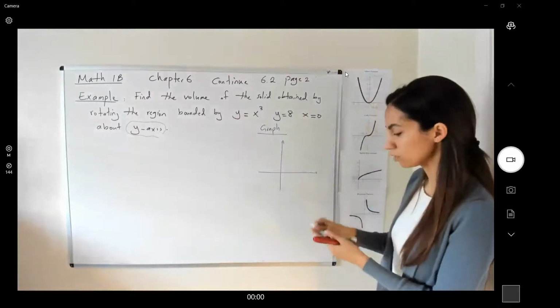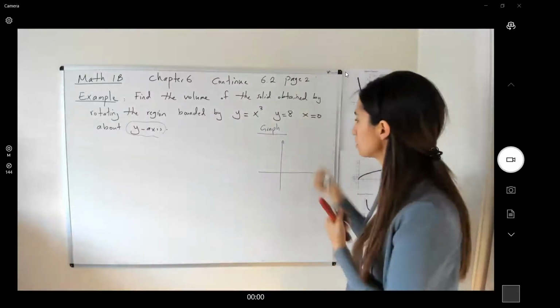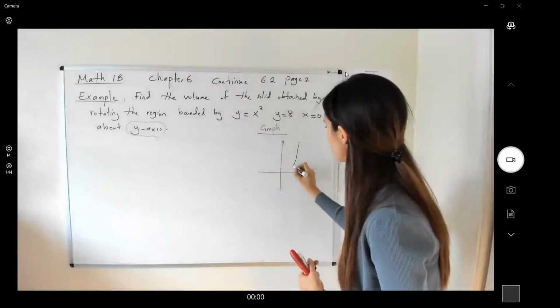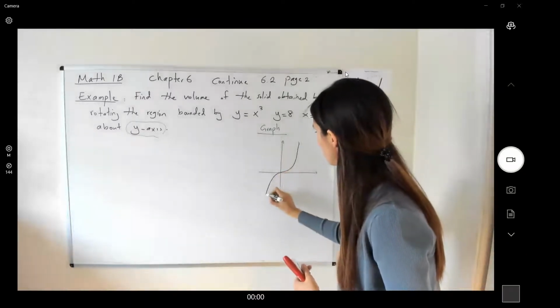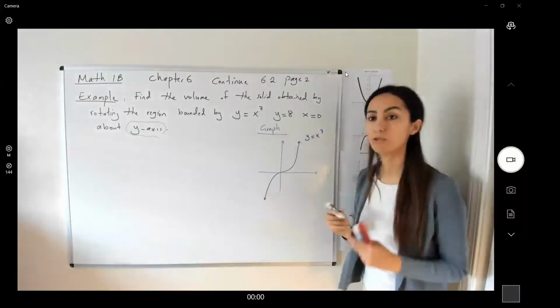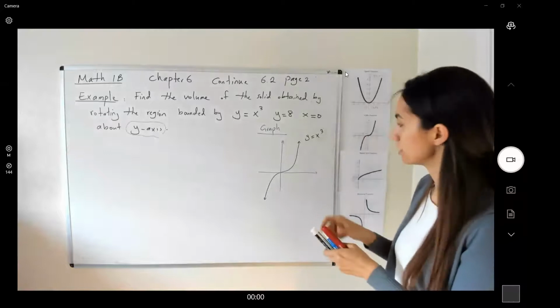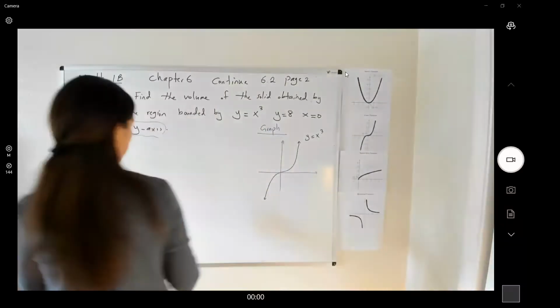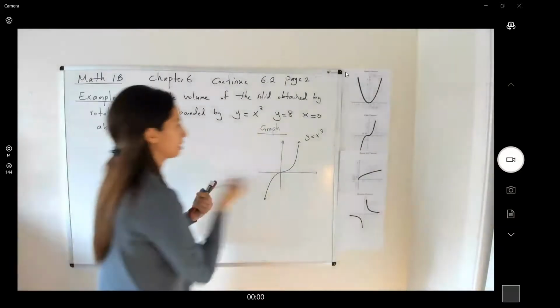y equals x cubed. We all know that y equals x cubed has a graph like this. Then y equals 8. It means that I have a horizontal line.